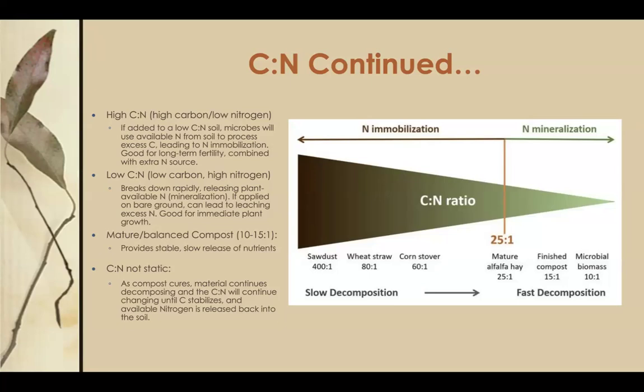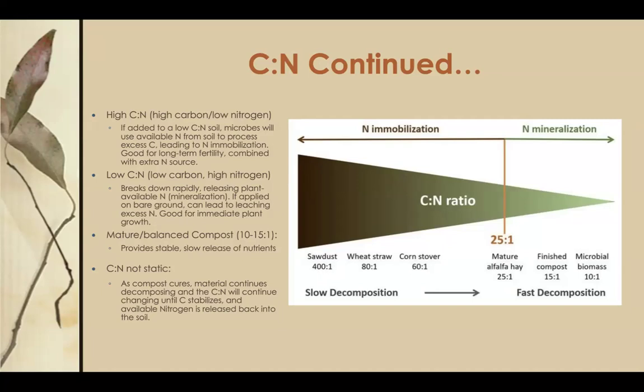So if you have a high C to N, you have something that's got a lot of carbon and not a lot of nitrogen. Like the higher the number, so we're looking at sawdust over here, that's 401. The higher that number, the more carbon there is and the less nitrogen there is. Sawdust doesn't have a lot of nitrogen in it, but it's got a lot of carbon.